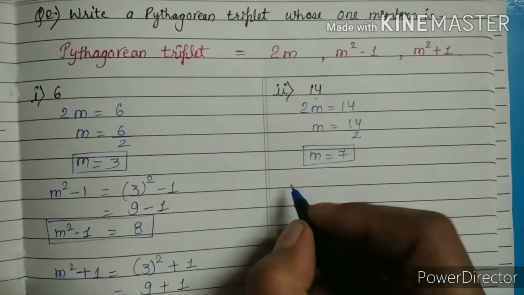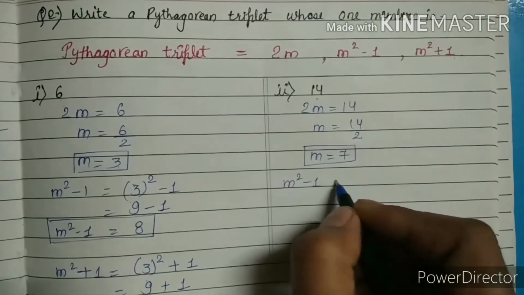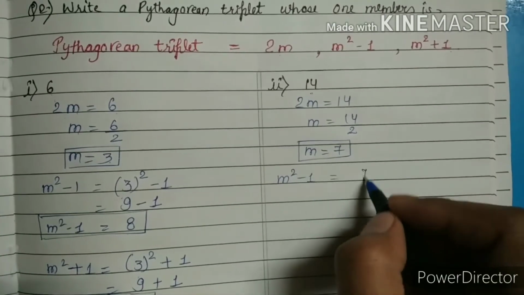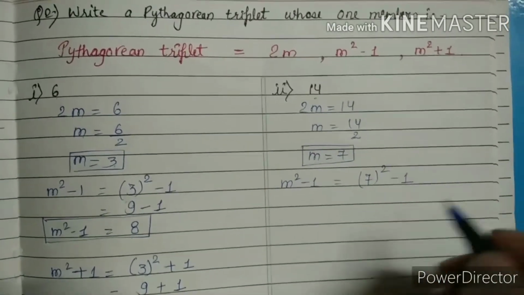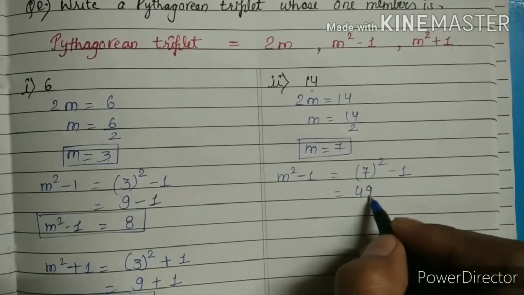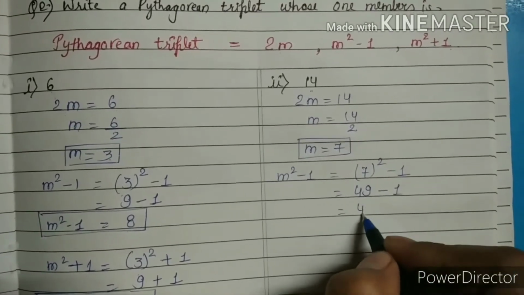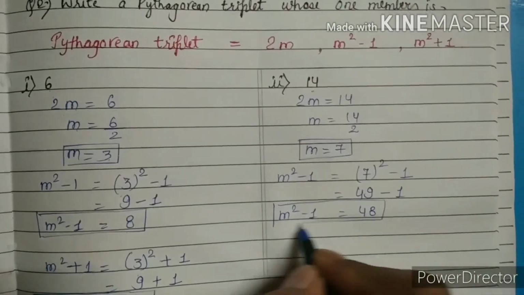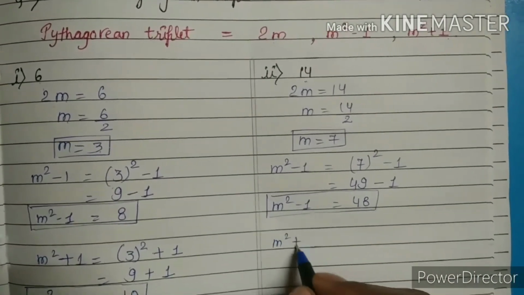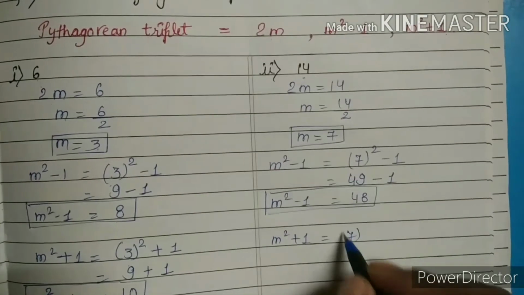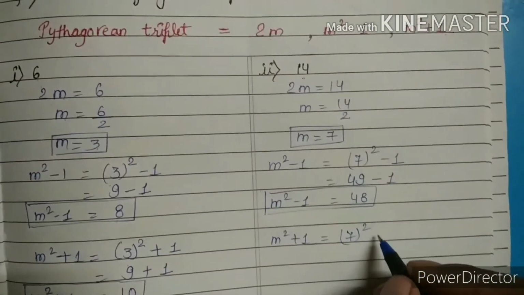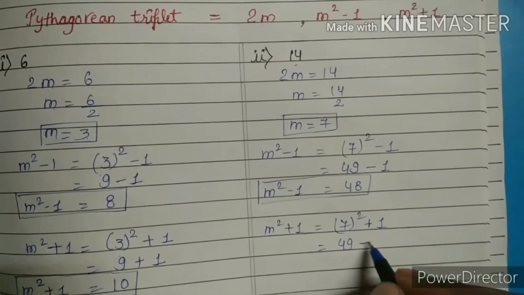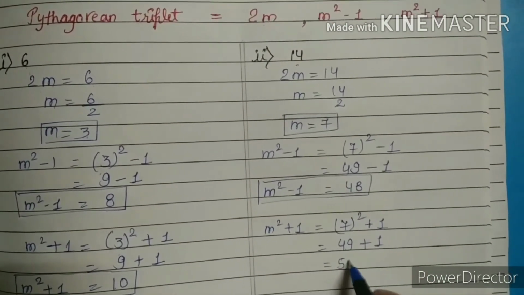Now next is m square minus 1. We know m value is 7. So 7 square minus 1. 7 square is 49 minus 1 is 48. This is the value of m square minus 1. Now m square plus 1. The m value is 7 that we have taken, plus 1. 7 square is 49 plus 1, that will give us 50.